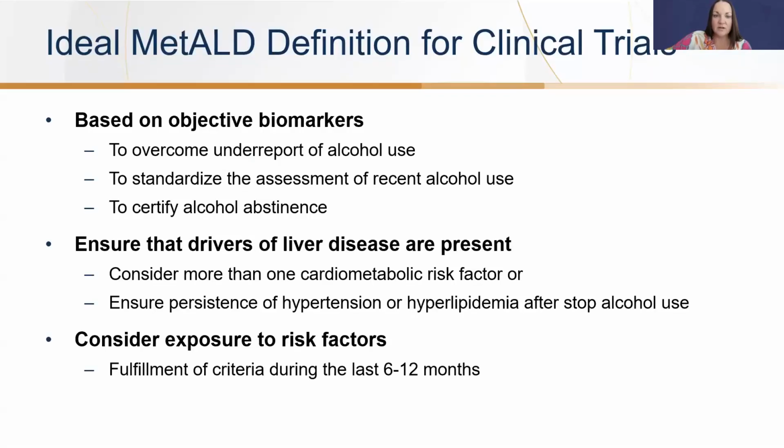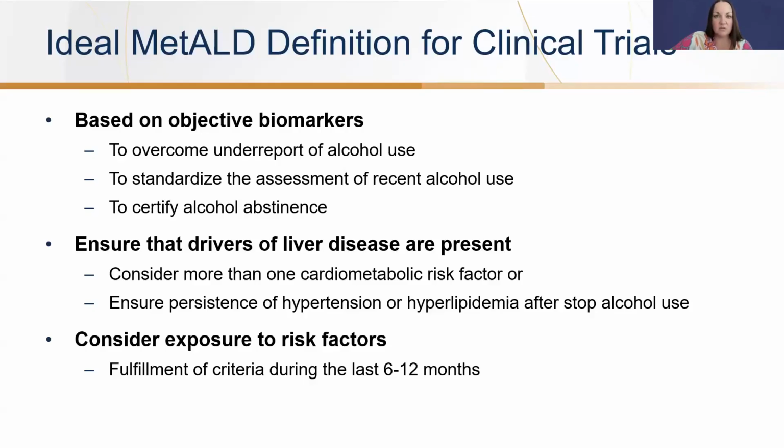So, things to consider here when thinking about clinical trials for MetALD. It's hard to just have a patient say, sure, I drink alcohol and I have fatty liver, but making these criteria objective is going to make the studies more accurate.